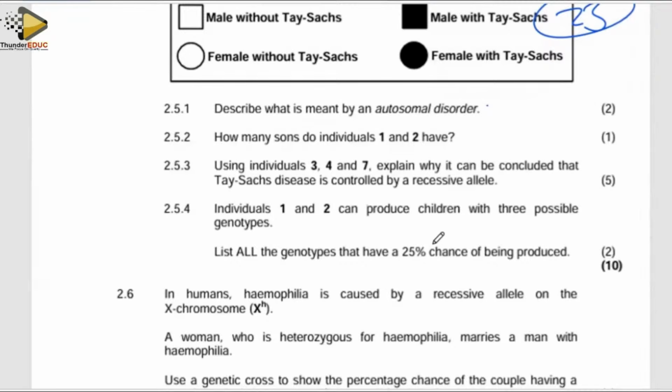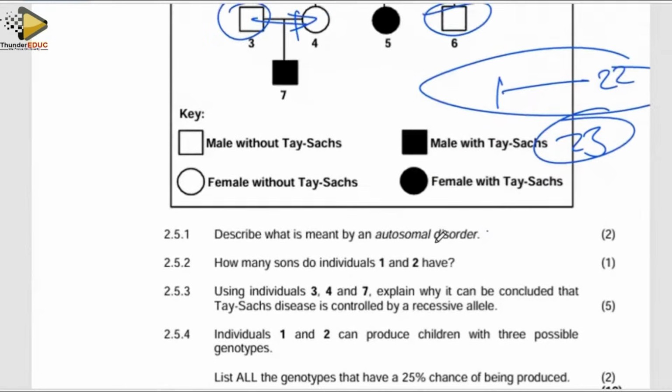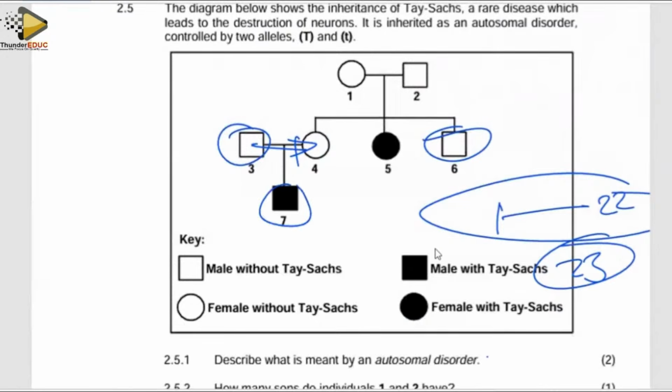Using individuals 3, 4, and 7, explain why it could be concluded that TAR disease is controlled by a recessive allele. Why do we conclude that it's controlled by a recessive allele?